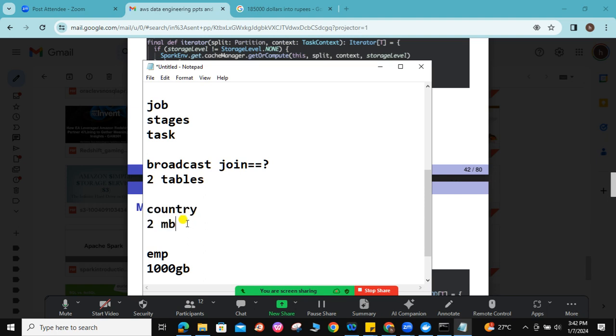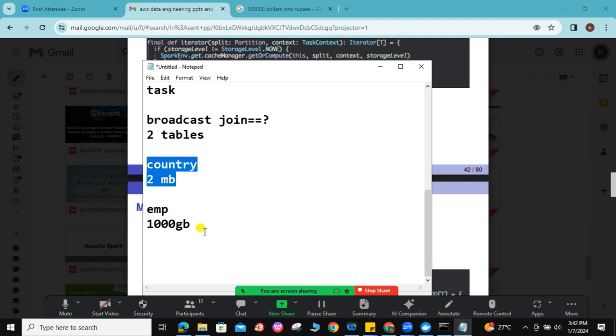Joins lead to shuffle, you know that. Keep the country table in all your 100 partitions, so that it does not do shuffle. Shuffling is always a costly operation. See, in Spark, the main thing I look at as an architect for performance tuning is that I will try to avoid or reduce the shuffle.